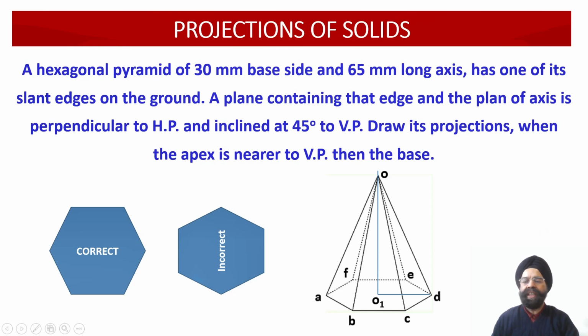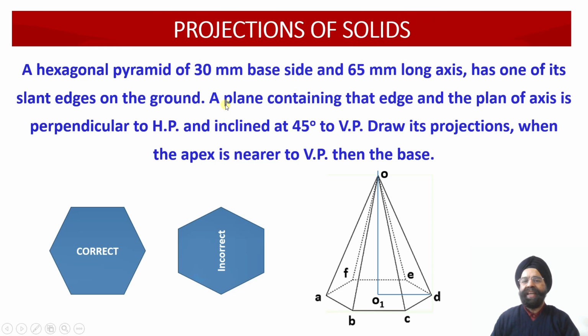So we are going to rotate it up to the point when this slant edge OD is completely contained by the horizontal plane. So this way, the first condition laid out in this problem will be fully satisfied, and this is the correct orientation of the hexagonal pyramid onto the horizontal plane.